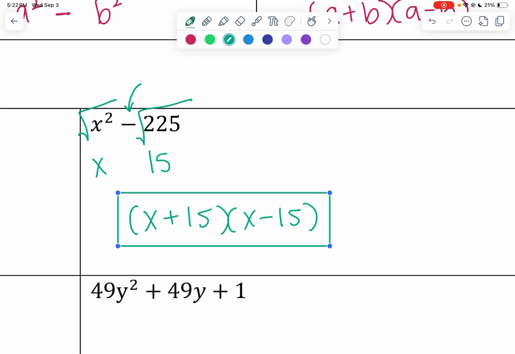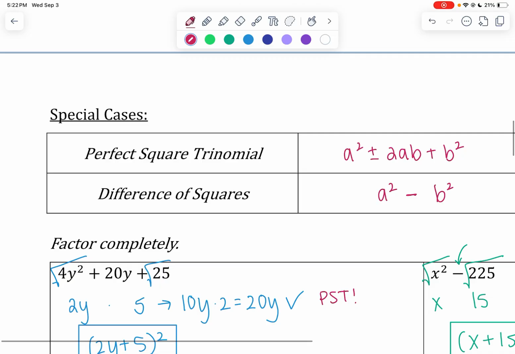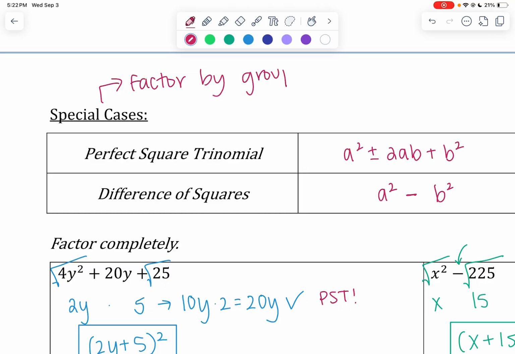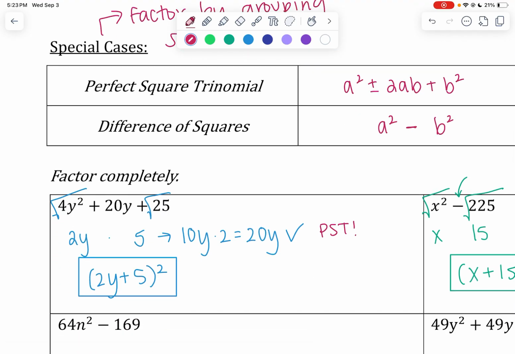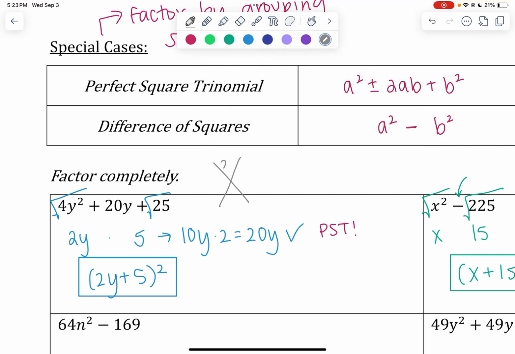Now, it's important to note in these special cases that factoring by grouping will still work. It's just going to take you longer to get there. So back over here, let's say you chose to do factor by grouping, okay? You would set up your x, sum to 20. Product would be 100, okay?